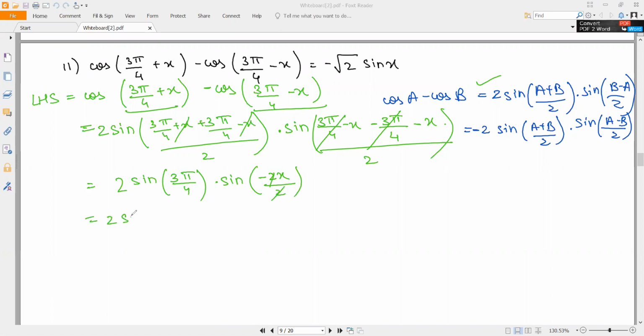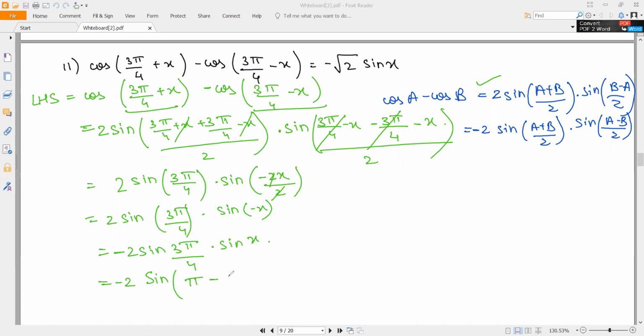We're left with 2 sine 3 pi by 4 into sine minus x. Now sine minus x is minus sine x, so it is minus 2 sine 3 pi by 4 into sine x.